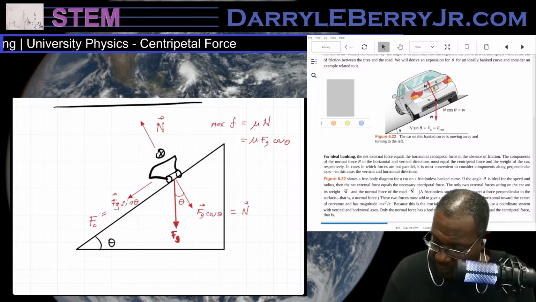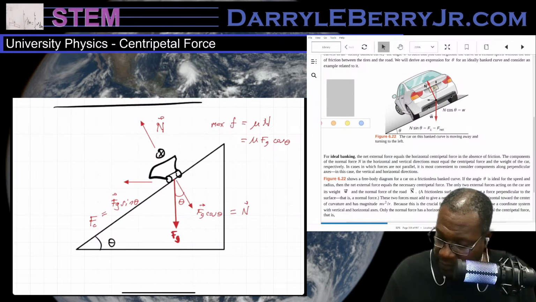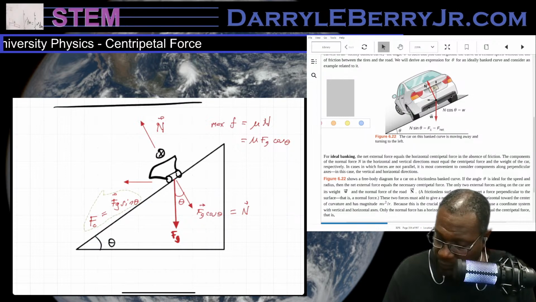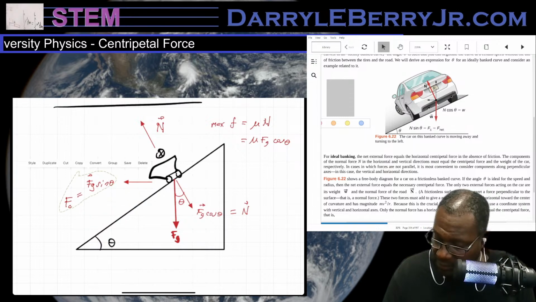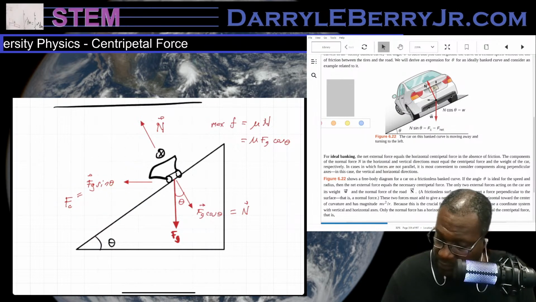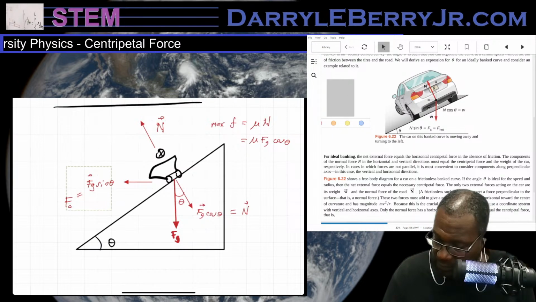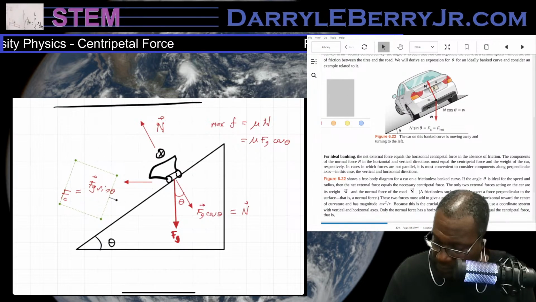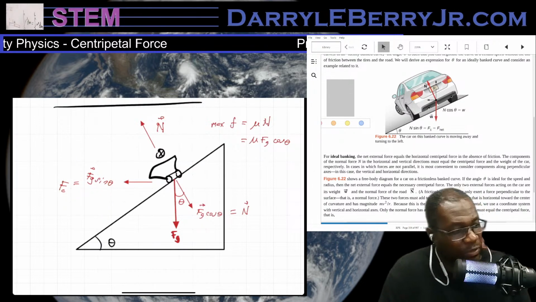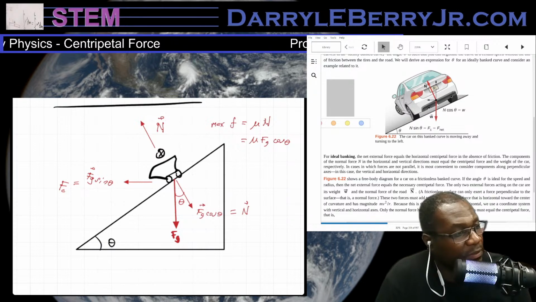So this is an inward directed force. It has to be in the plane. So it must be here.